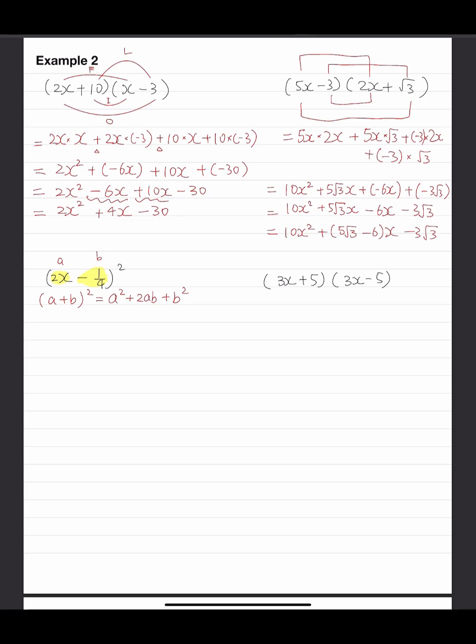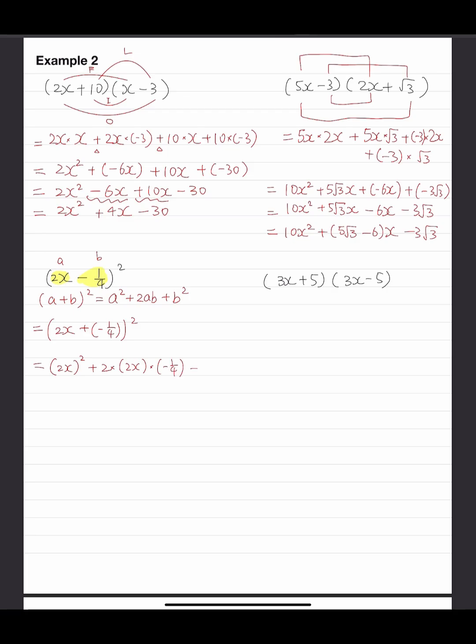All right. So we can rewrite this expression as 2x plus negative a quarter, all squared. So it's going to be the a squared, which is 2x squared, and then plus 2 lots of a, which is 2x, and then times b, which is negative a quarter.